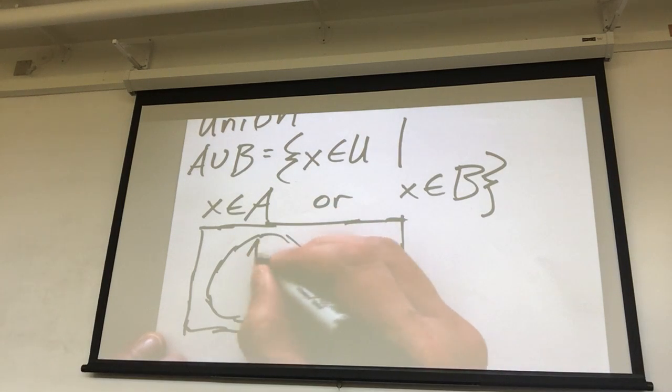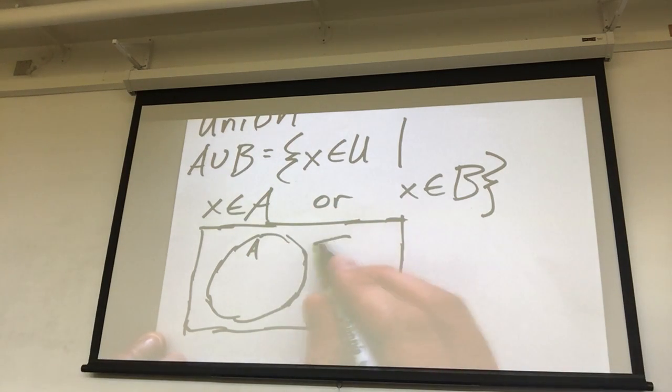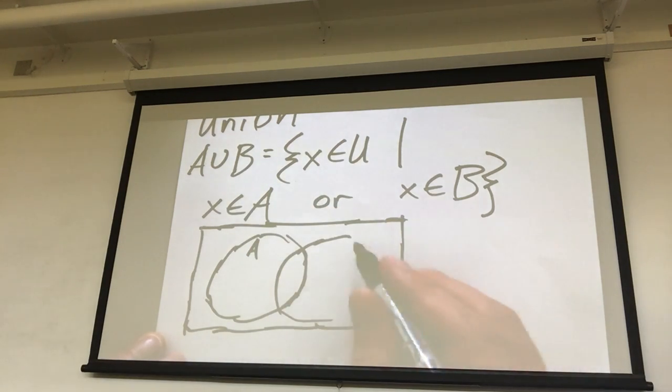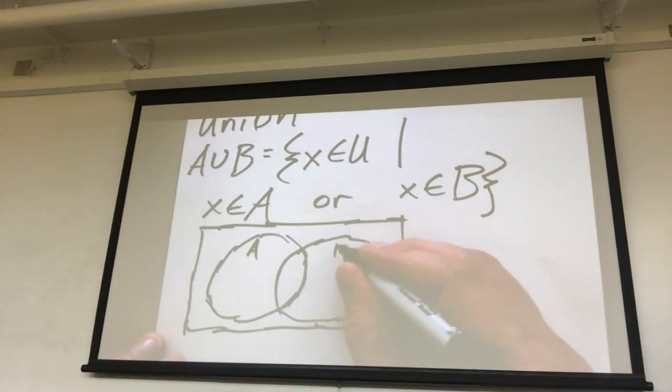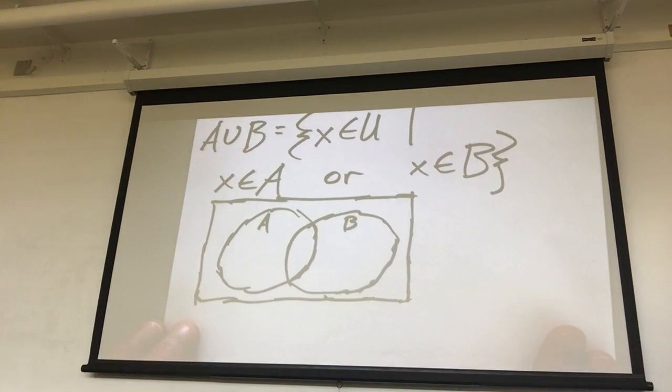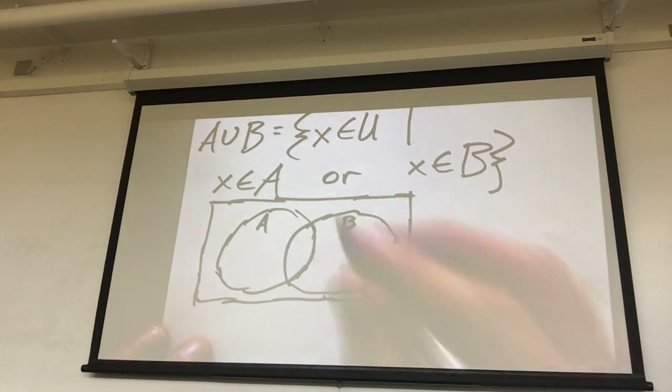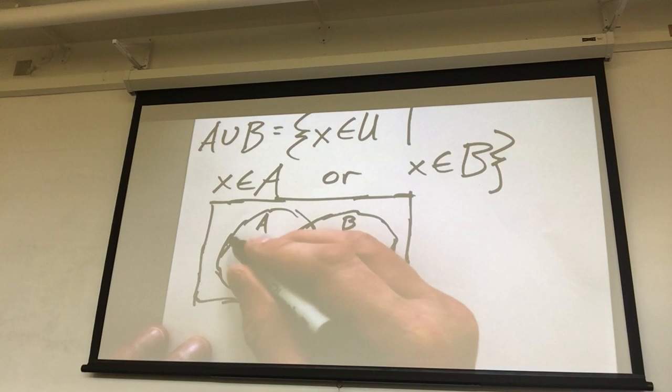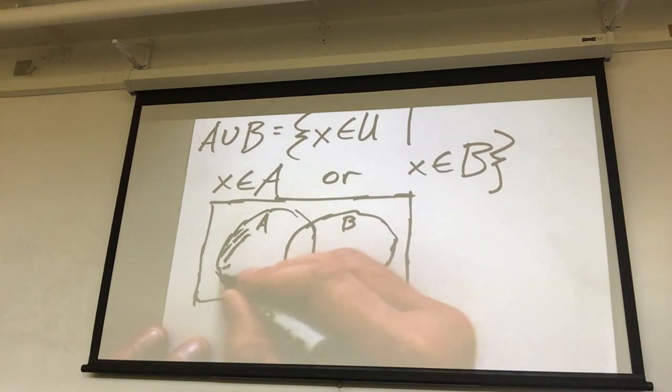We call this set A. Well, that's set B. So the union of these sets is going to consist of, let's draw it like this.